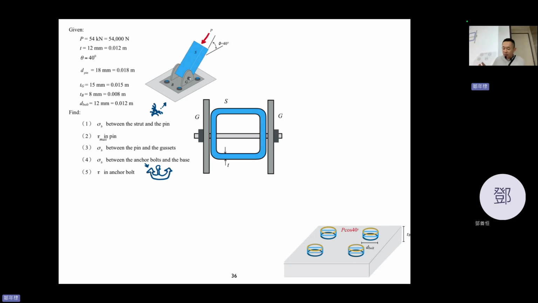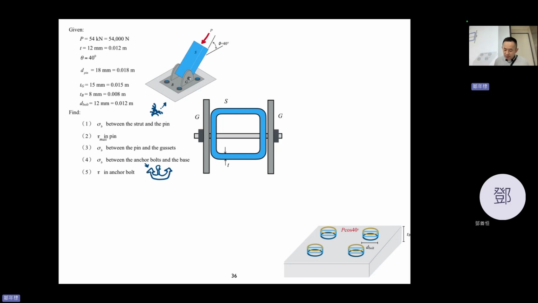Which one stops it? The pin, right? If there's no pin to stop it, this S will go out to the monitor, straight to you. So the pin bears that force.